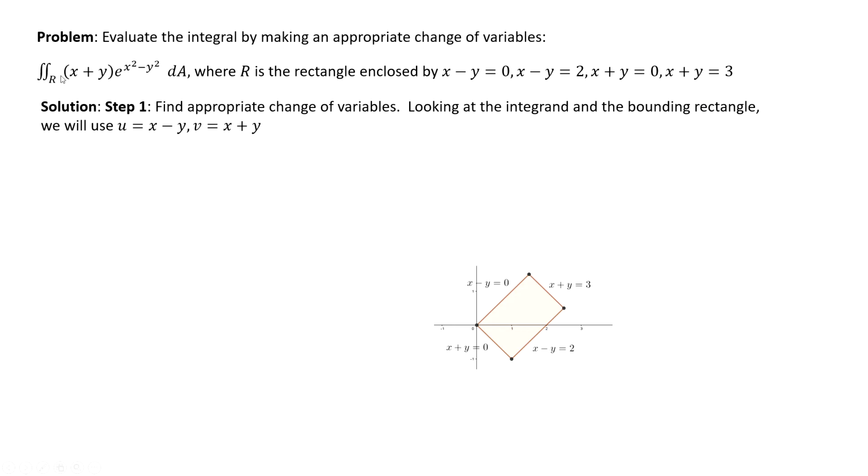Similarly, even the integrand seems to contain x plus y's, and wait, x squared minus y squared, isn't that also x plus y times x minus y? So the whole thing seems to be governed by x plus y and x minus y. So that's a hint.